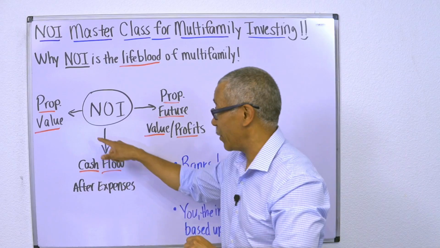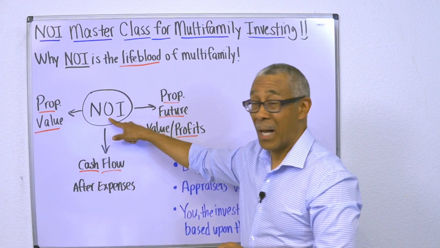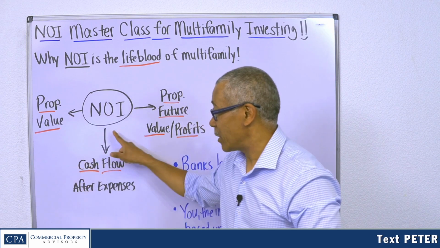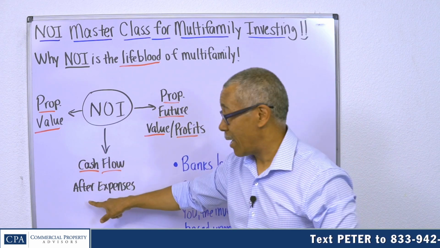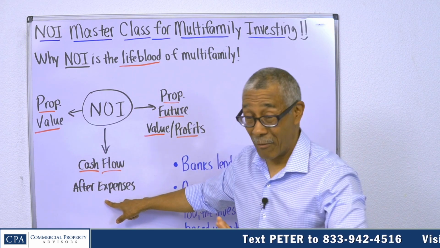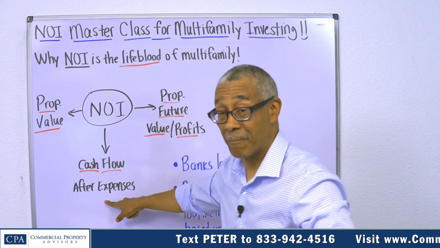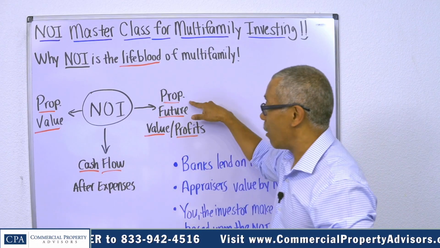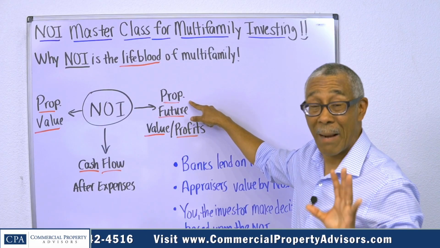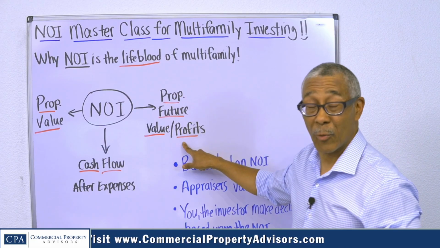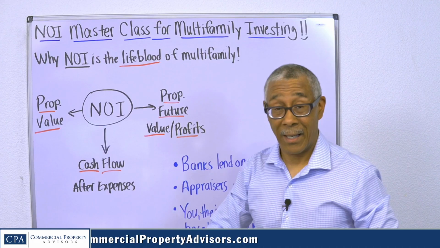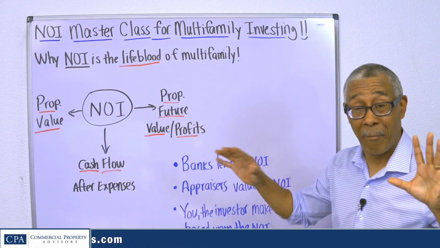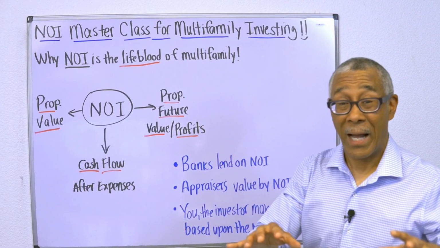Let me break it down for you. Your NOI will determine your current property value. It will help you determine the cash flow after expenses, and I'll give you a calculation in a minute. Also equally important, maybe more important, it will help you determine what the property's future value and future profits will be, okay? It is so important that banks will lend based upon the NOI that the property has.